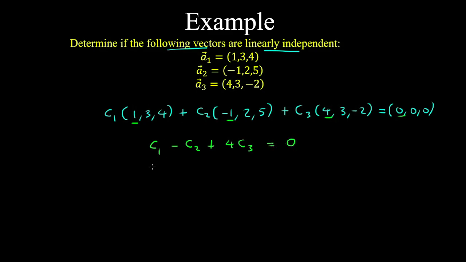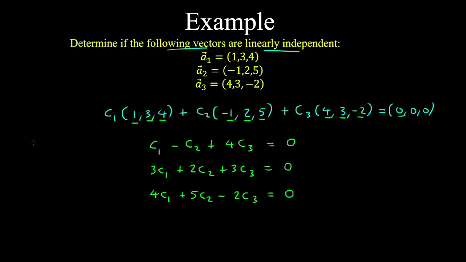Our second equation is 3C1 plus 2C2 plus 3C3 is 0. And then we have 4C1 plus 5C2 minus 2C3 is 0.